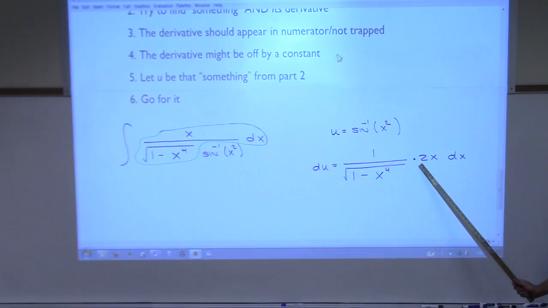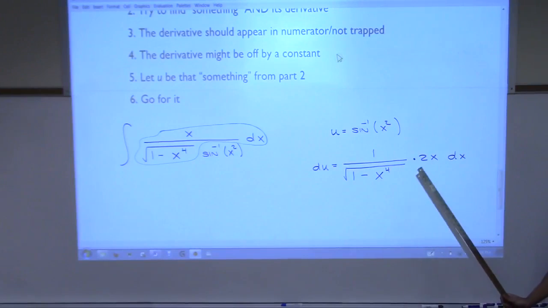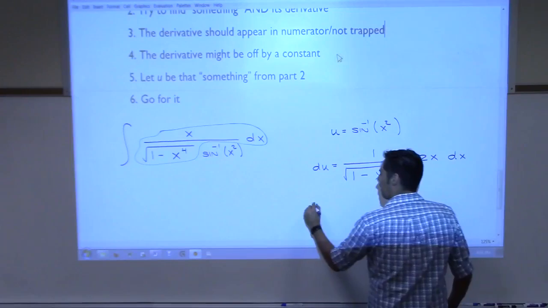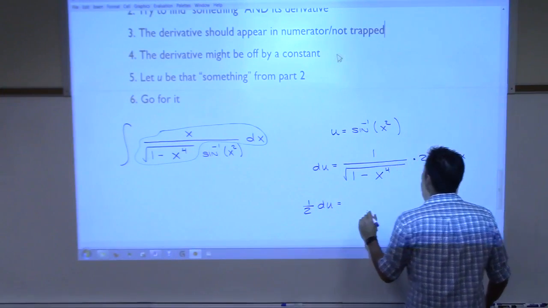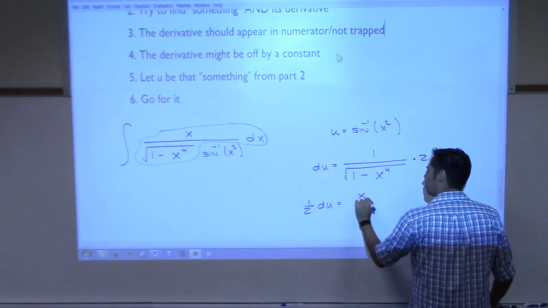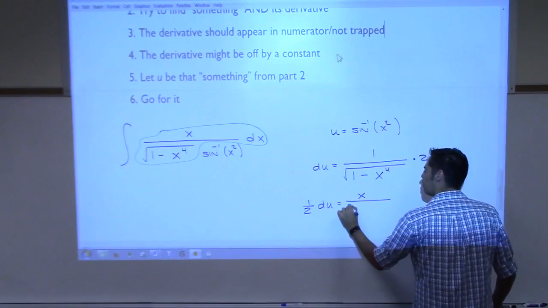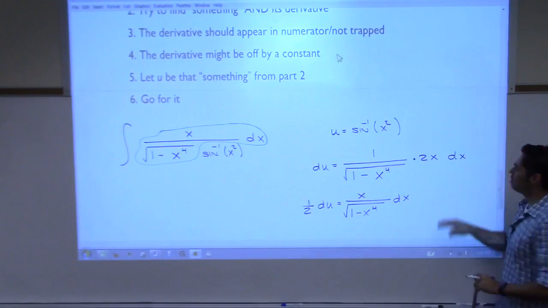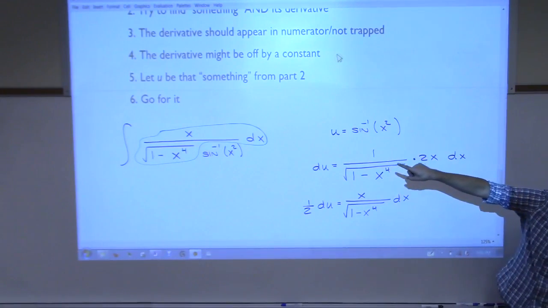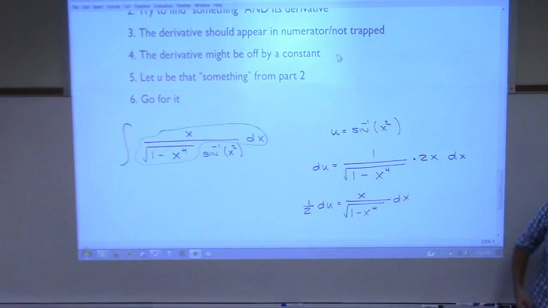I can get rid of this 2 real easy by just multiplying both sides by 1/2. 1/2, and I'll even rewrite this as x over root 1 minus x to the 4th dx. So I just slid this x on top, just so it kind of looked a little more like what I see over there.